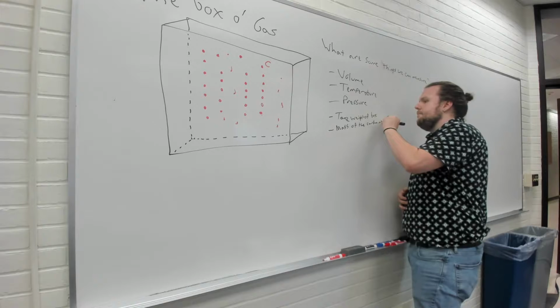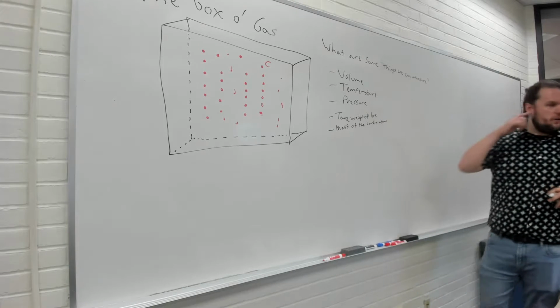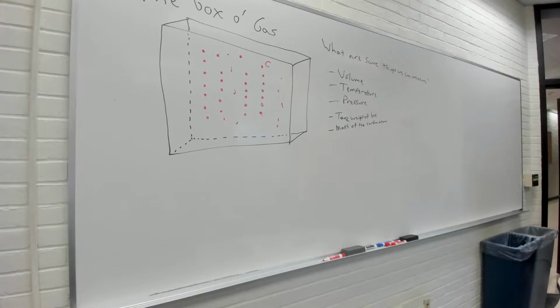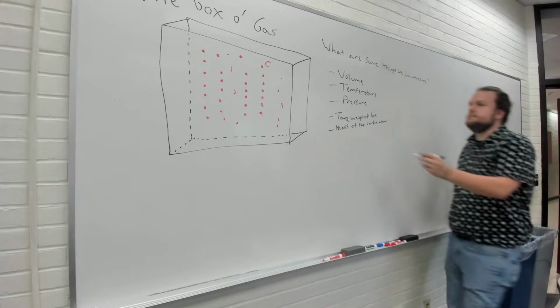What we might find is that the mass is not a particularly useful number to measure the number of carbon atoms. What would be a better number than mass? Moles. Yeah, the number of atoms.